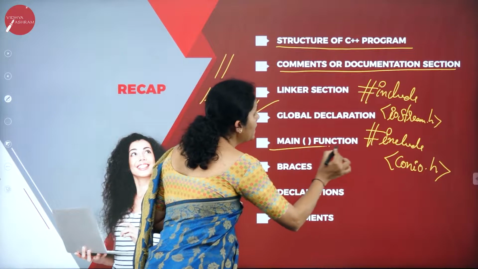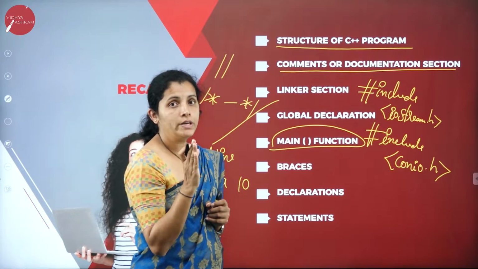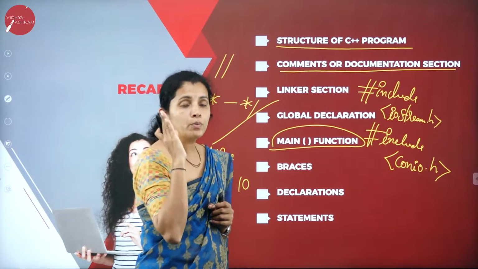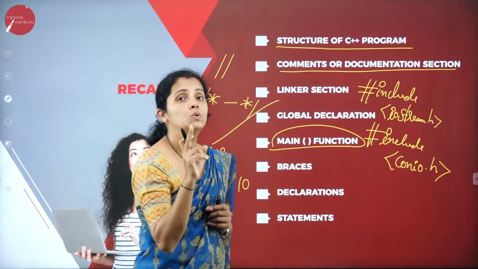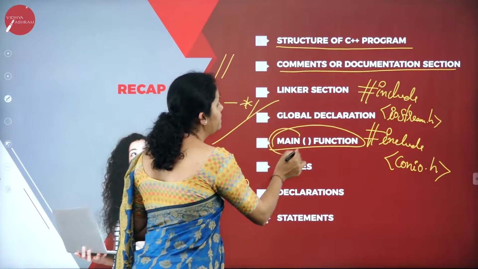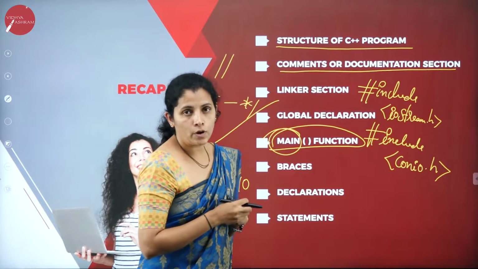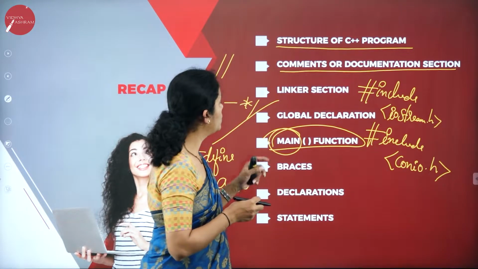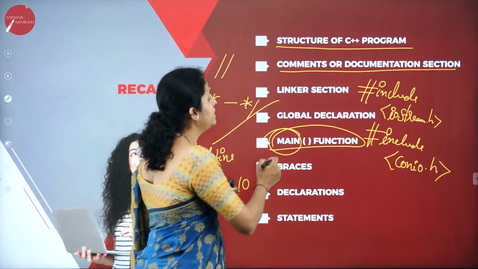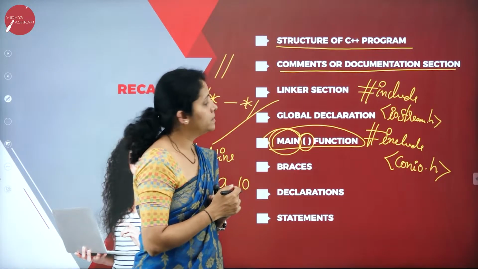And we had a discussion regarding the main function. So dear student, make sure that your program includes one main function, and while writing main, it should be written in small letters, that is lowercase alphabet, and you must write open and closing braces.